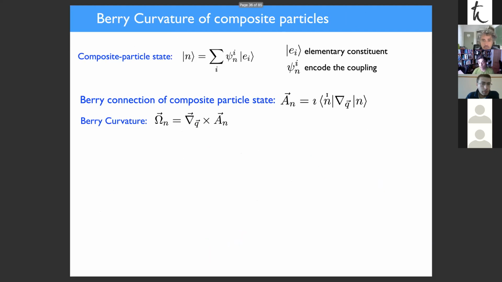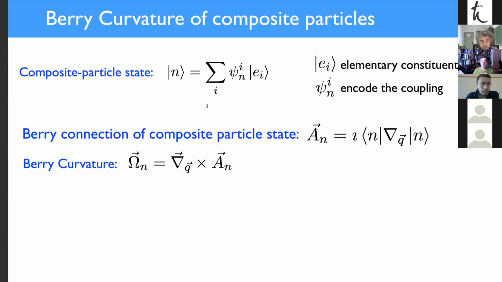In order to see that, notice that we have now a composite state, and this is quite general. You have a polariton that is a linear combination of some elementary constituents, but the elementary constituent has an internal structure that also depends on k.